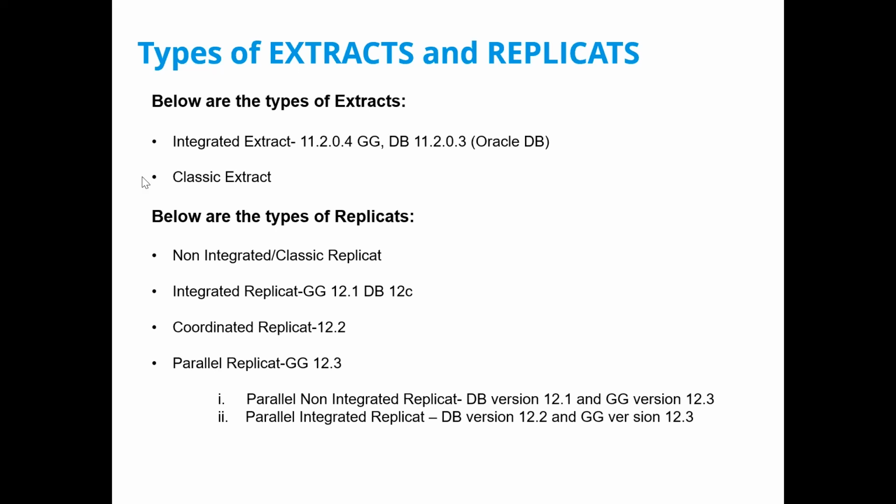Taking the initial types of replicat, non-integrated and integrated, when you run them in parallel mode, you get parallel non-integrated replicat and parallel integrated replicat. Parallel non-integrated replicat is introduced in database version 12.1 and Golden Gate version 12.3. For parallel integrated replicat, the minimum database version has to be 12.2 and Golden Gate version has to be 12.3.